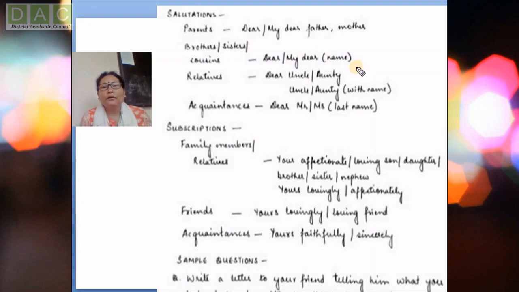If we are writing to our relatives, then we'll write dear uncle or dear auntie, or uncle or auntie with a name. For acquaintances, when we write to people who are less known to us, we can write dear Mr. or dear Miss with their last name.